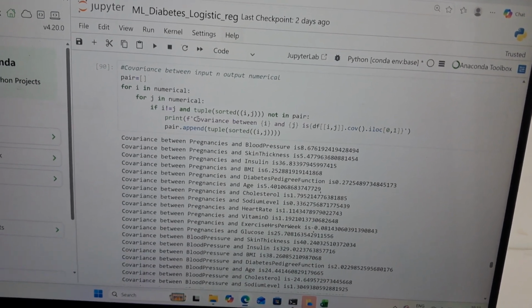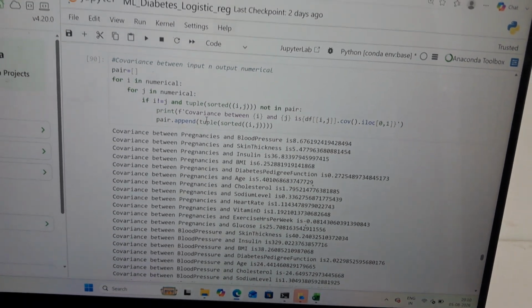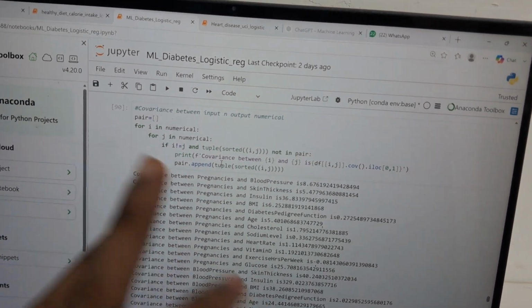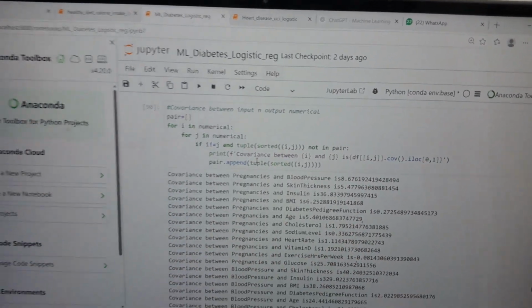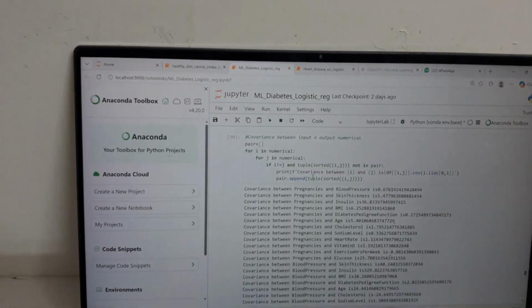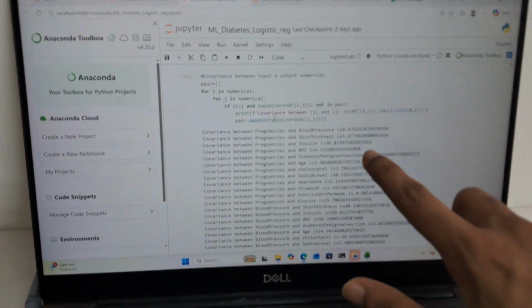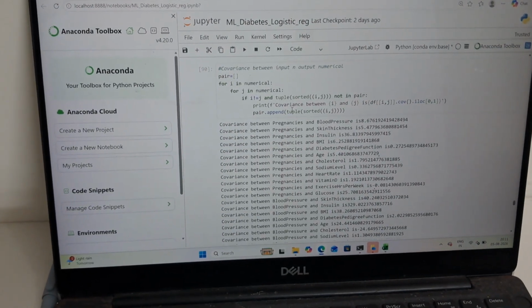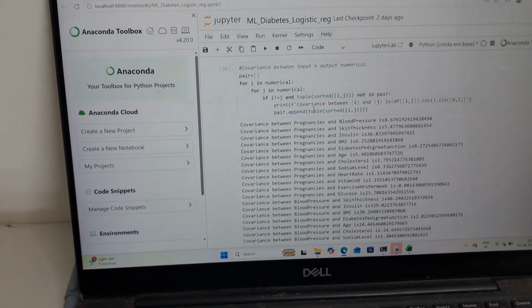Next, covariance. So covariance is the same as correlation, it will find the relation between two numerical columns, but the only thing is, in covariance consider only the sign, don't consider the number, because in correlation it will change the number and convert that number into 0 to 1. But in covariance, some numbers might be 8, some numbers might be 1000. So based on 10 and 1000, you feel that 1000 is more, so the relation is more.